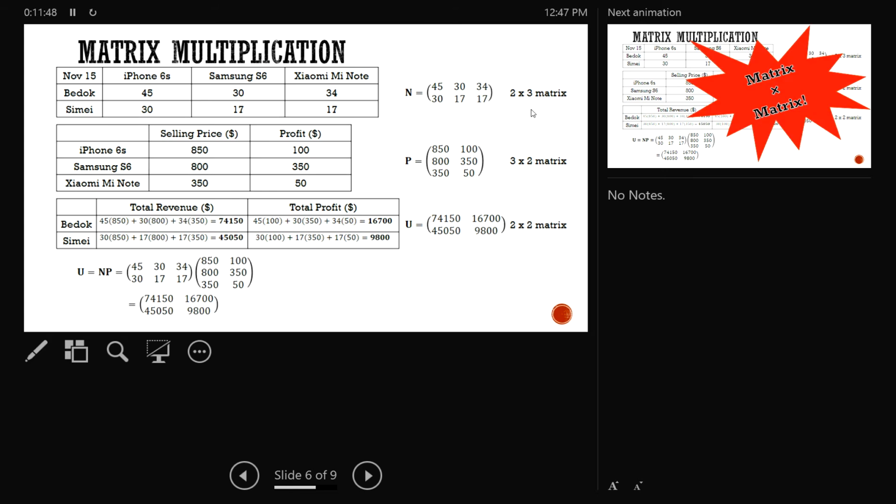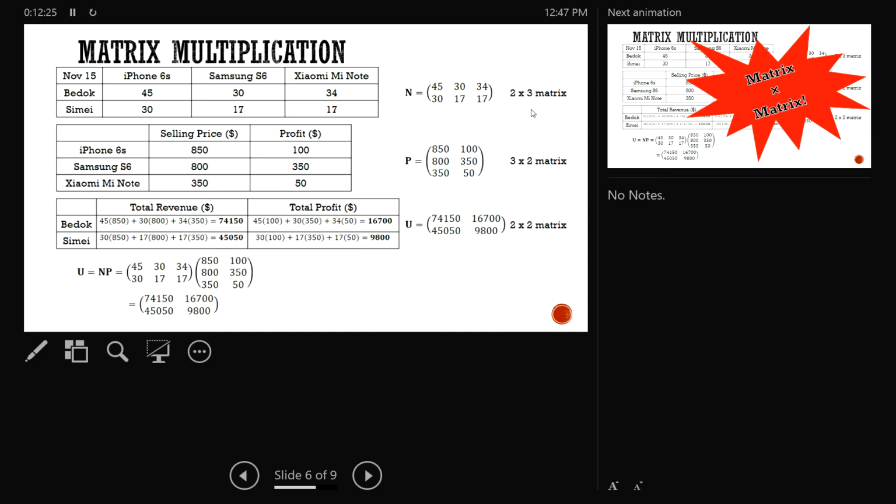So, in summary, when you are given matrix multiplied by matrix, you get another matrix. Okay? And it looks like this. Matrix N times matrix P, multiplied together gives you another matrix. Without the context, without the story over here, you are expected to be able to do this. Matrix times matrix. This first number must be 45 times 350 plus 30, 800, 34 times 350.